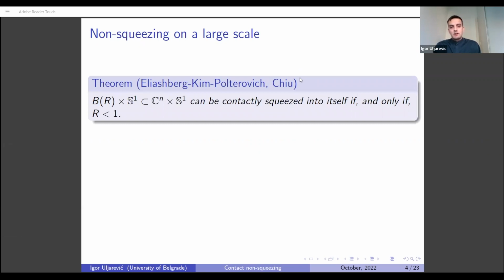They considered the pre-quantization of C^n, so the contact manifold C^n times S^1, and they considered the product of the ball of radius R that sits in C^n with S^1. So this set, the ball of radius R times S^1, can be contactly squeezed into its interior if and only if the radius is strictly smaller than 1.